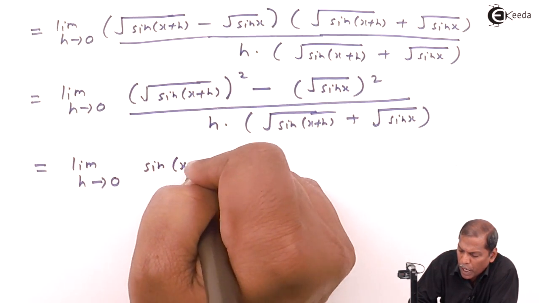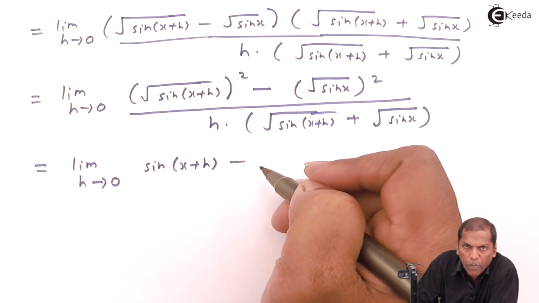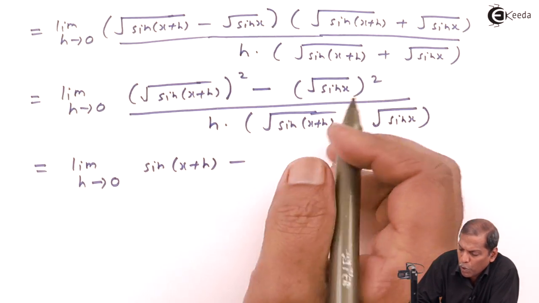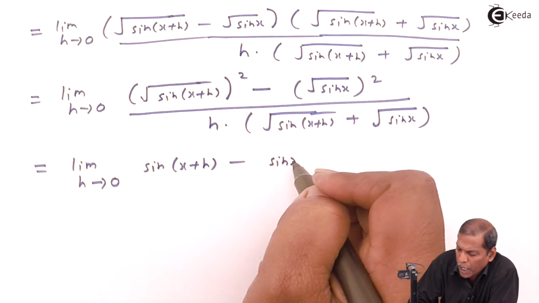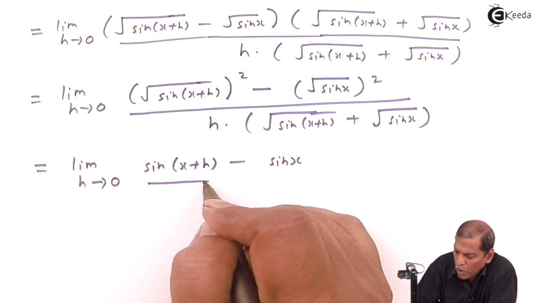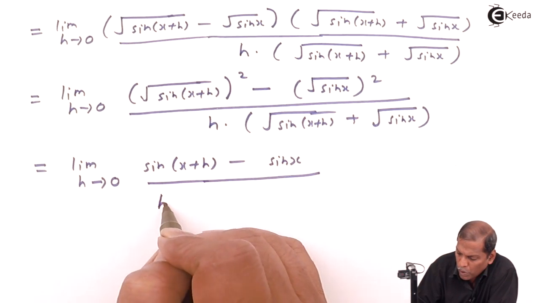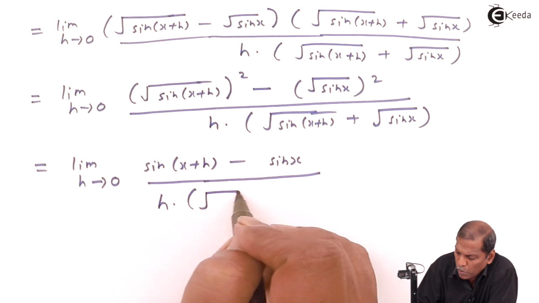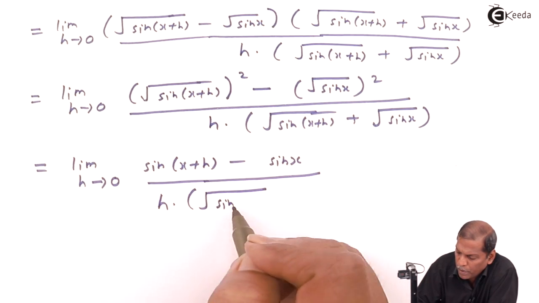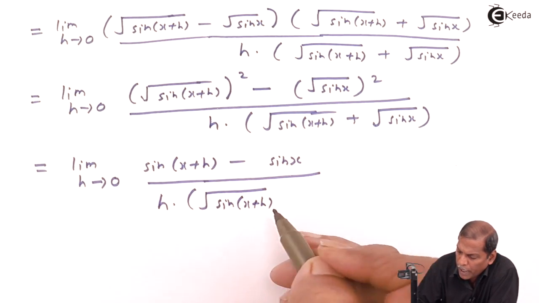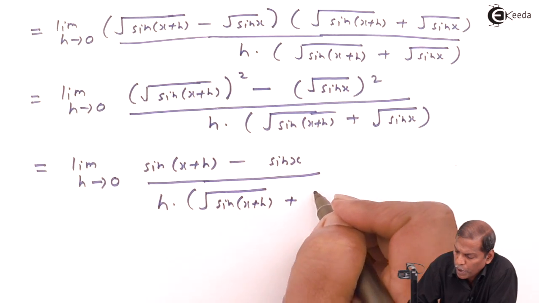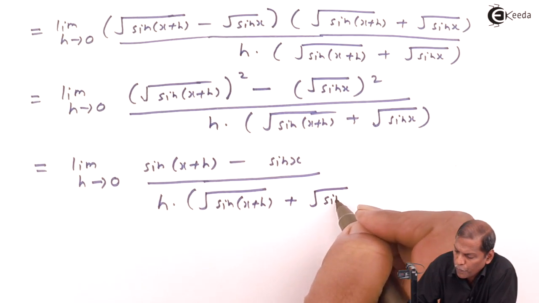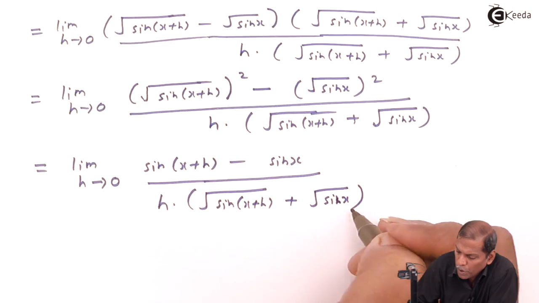Now here square and root cancel, so we have sin(x plus h) minus, again here square and root cancel, so we have sin x only, upon h into [square root of sin(x plus h) plus square root of sin x].